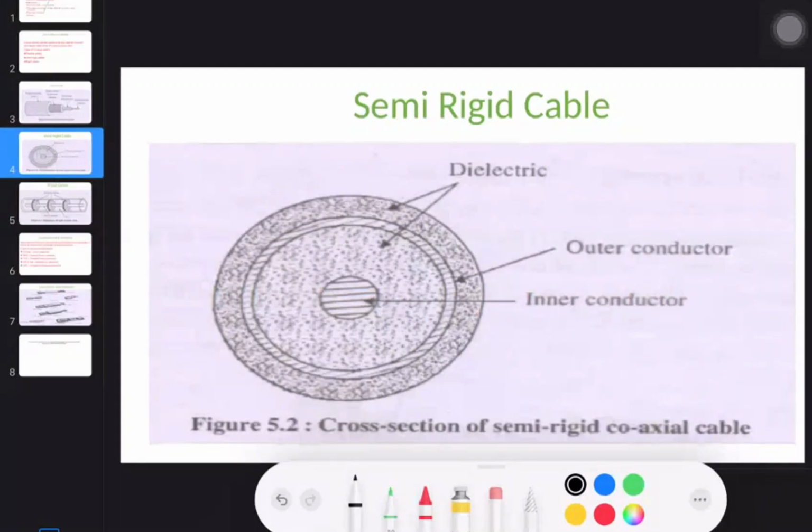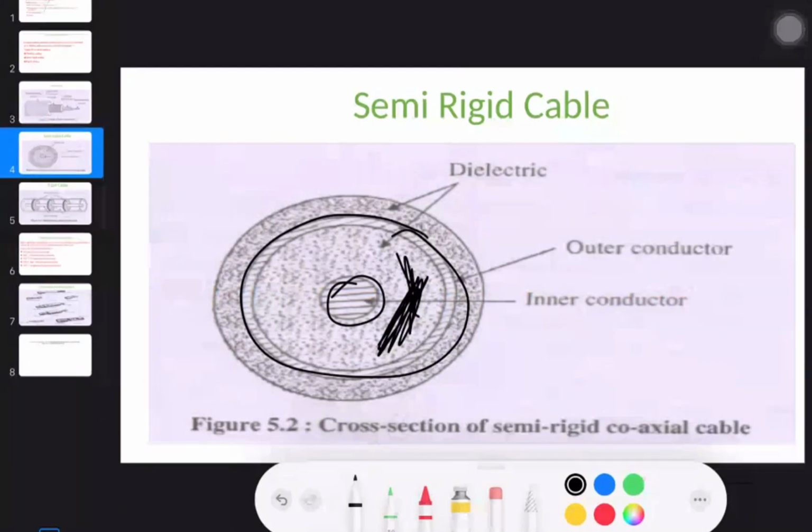The space in between the inner conductor and outer conductor is filled by a dielectric material. This dielectric material gives the property of rigidity, meaning the tightness of the cable is exhibited by the dielectric material we use.